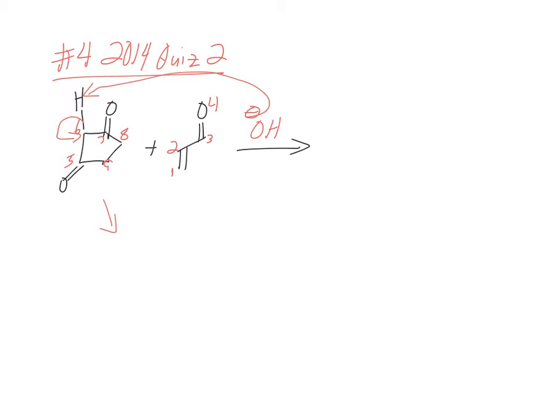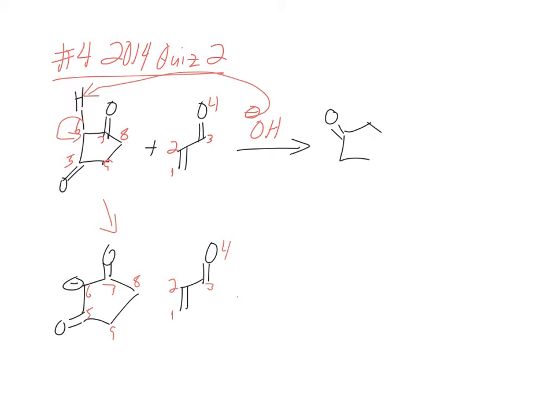Now, you were actually given the product here, so I should draw that in before I get too far ahead of myself. So there's a negative charge there. 1, 2, 3, 4. I even numbered the oxygen, why not? 5, 6, 7, 8, and 9. Our product that we're going to, let me draw that up here, is this.